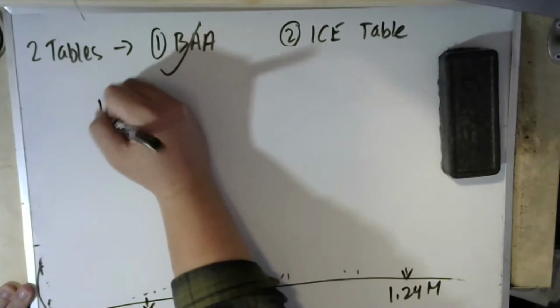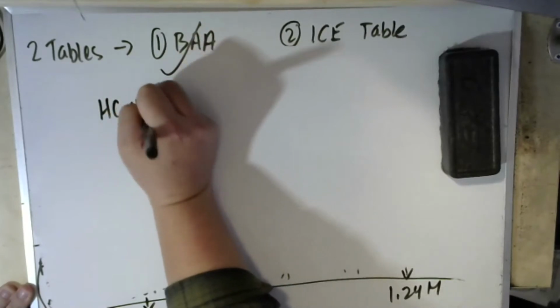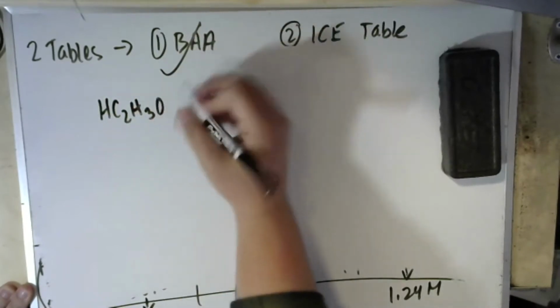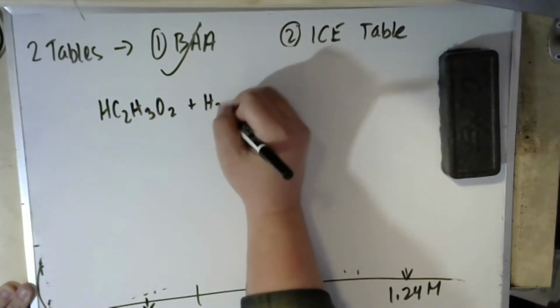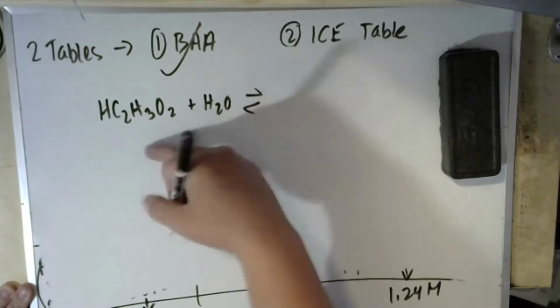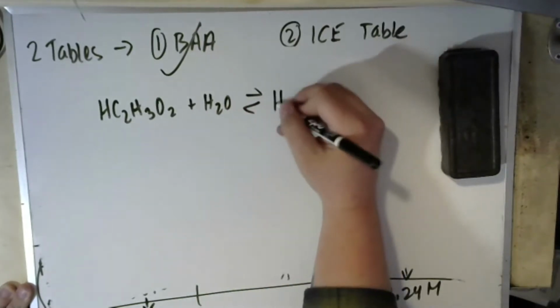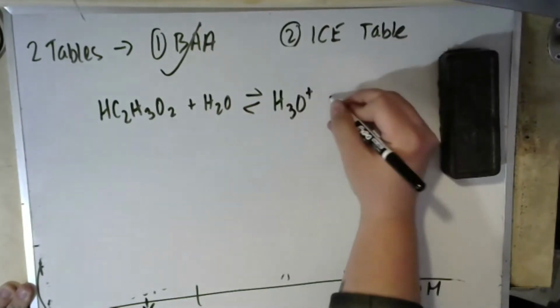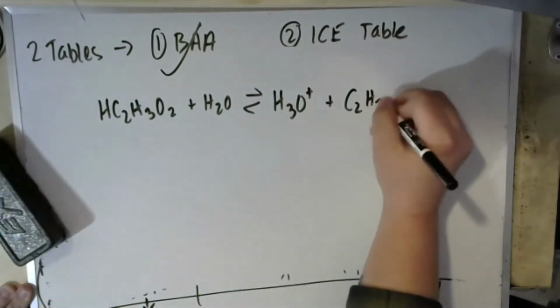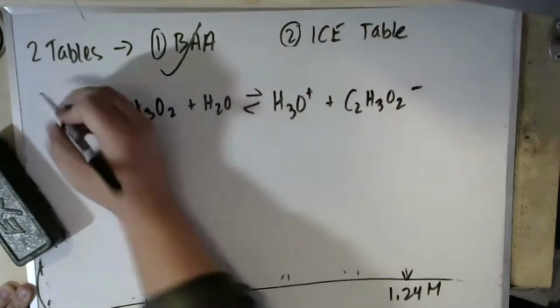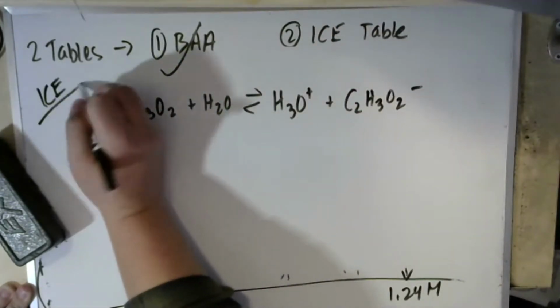So we're going to write out the regular dissociation of our acetic acid here. Okay, and this is going to be our ICE table.